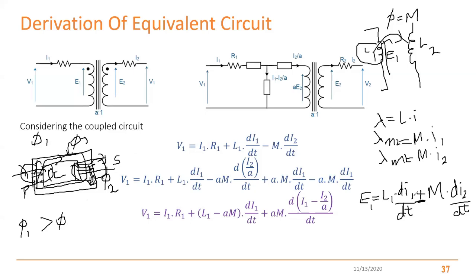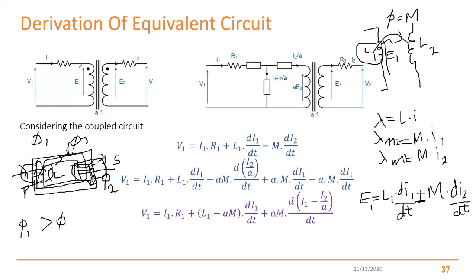Then we have to consider it as a minus. If it is the other way, it is positive. So it depends on the direction, meaning the direction of the magnetic field created.